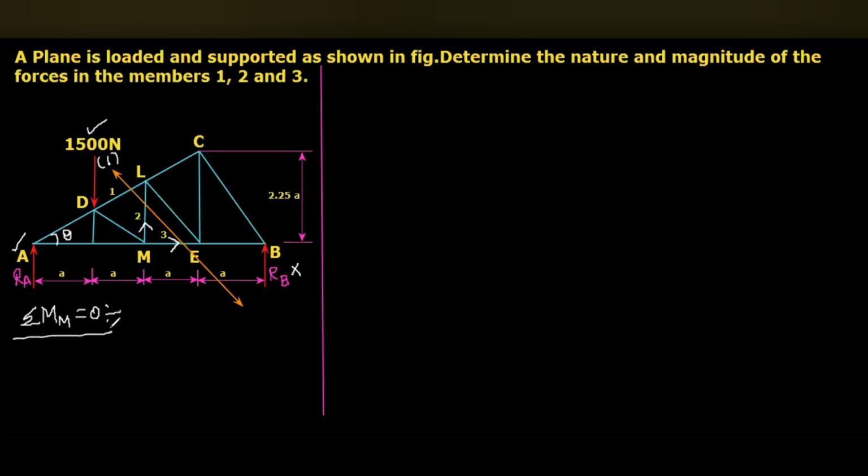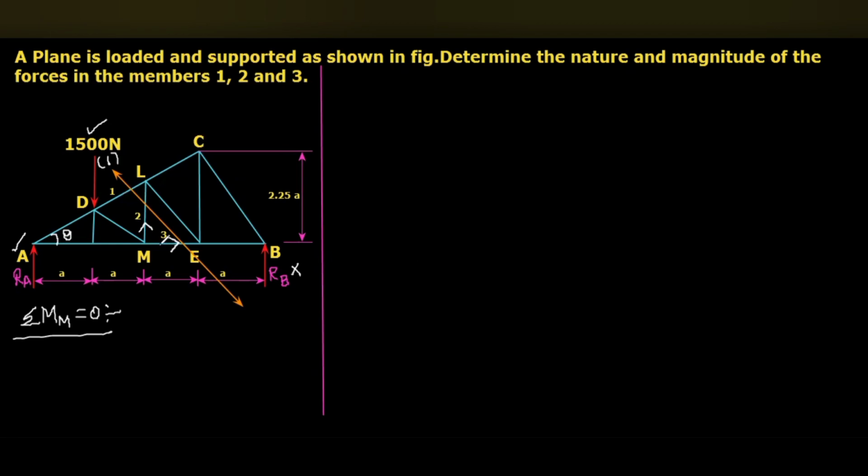Here you can see when I take moment about M, these two forces F2 and F3 are both acting from the point M. So the moment made by these two forces F2, F3 will be eliminated. So we have to consider the moment made by the other three forces. Here F1 is an unknown force.